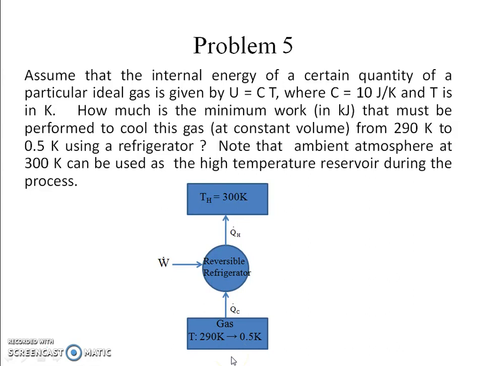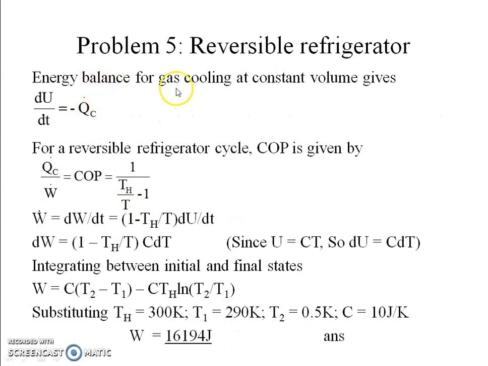If I take my system as this gas, then no work is being done, so the change in internal energy should equal the heat it gives off. The energy balance for the gas cooling at constant volume is dU/dt = -Q̇c, because the heat is leaving the system, so I take it as negative.